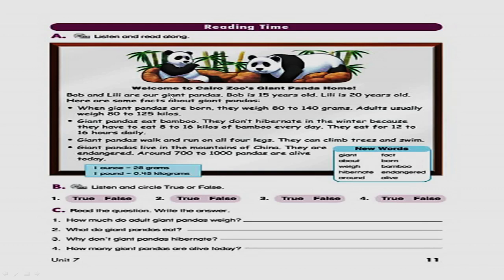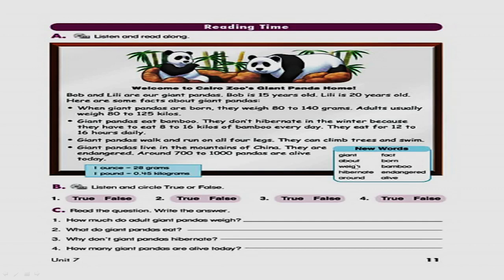They are endangered, how much they weigh when they are newborn or when they are adults, what they eat, where they originally live, and how many pandas are alive, and so on. All these facts were mentioned in this lesson.